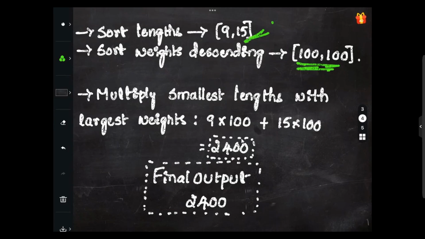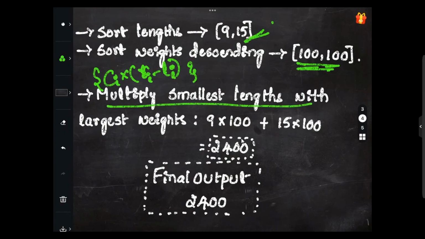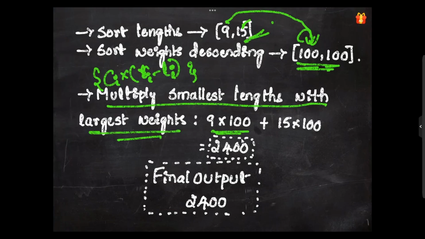The formula, if you remember, was Ci into Ri minus Li. Here we multiply the smallest lengths with the largest weight. So in this case it is 9 into 100, plus again the length 15.